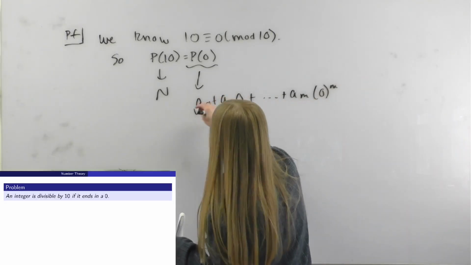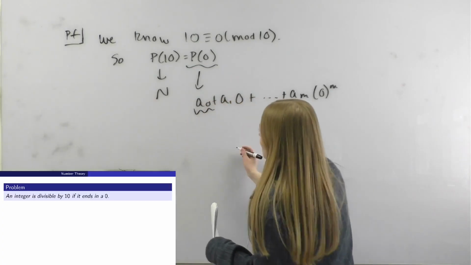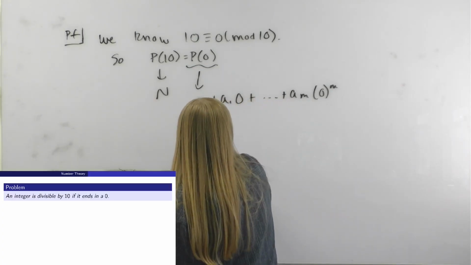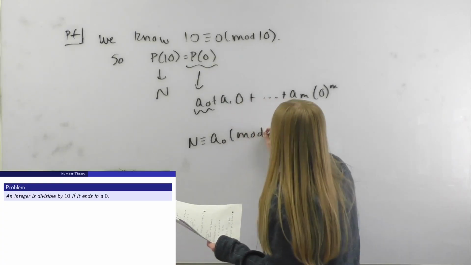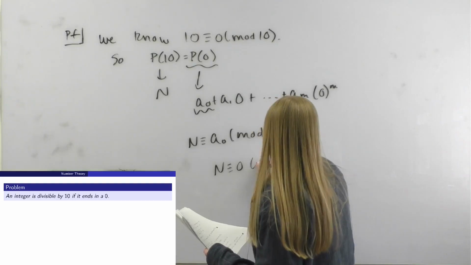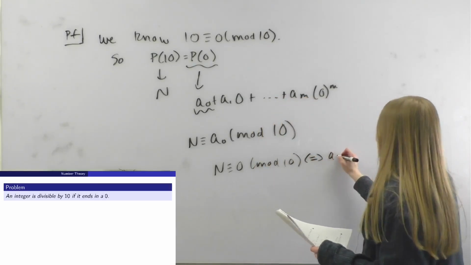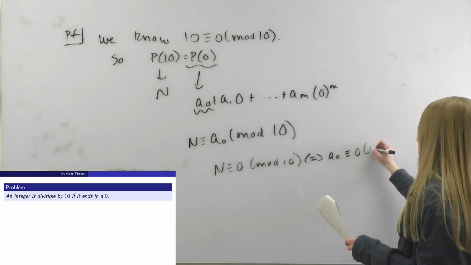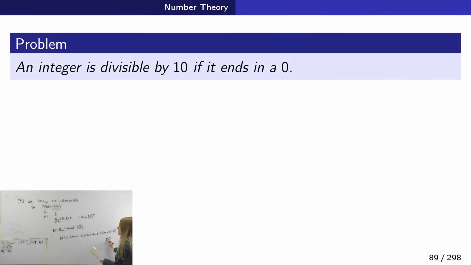So it's literally just the ones digit of n. So we see that n is congruent to a_0 mod 10. Okay, so n is congruent to 0 mod 10 if and only if a_0 is congruent to 0 mod 10. QED. Okay.